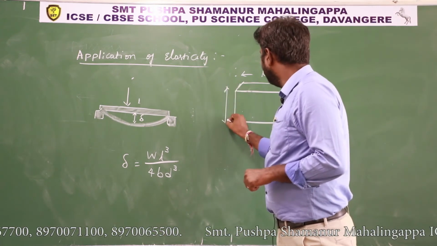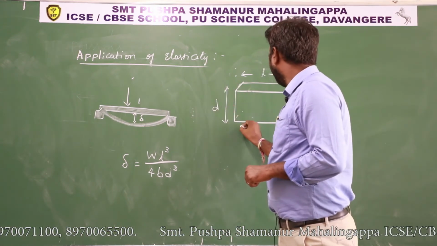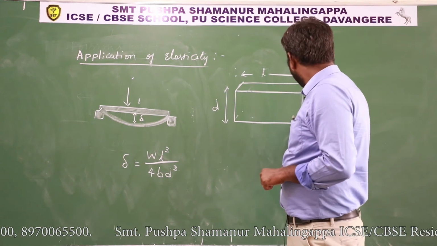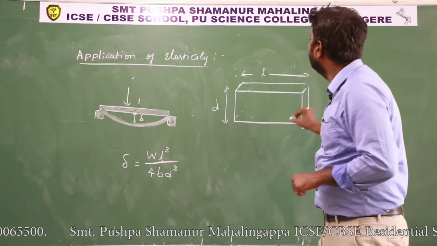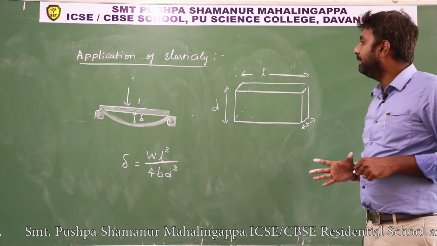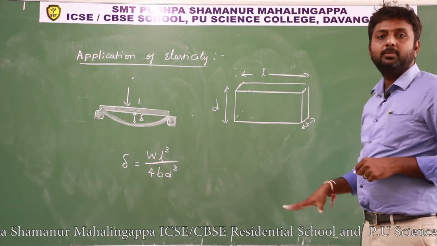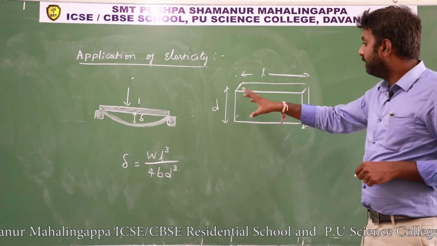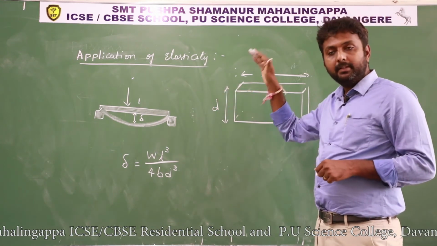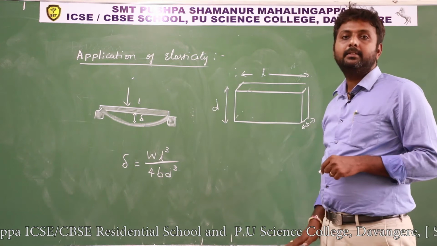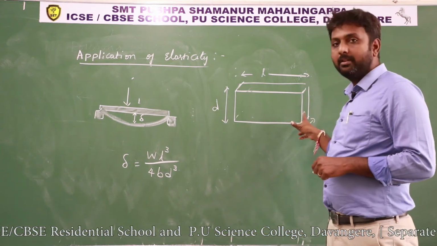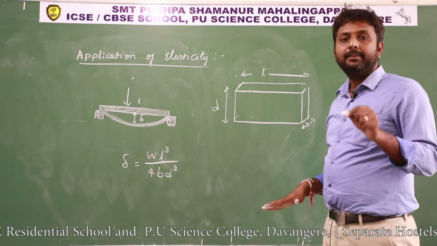This is called depth, and this is called breadth. On what factors does it depend? If length is more, depression is more, and if the depth is more, the depression is very, very less, and if the breadth is more also, the depression is very, very less.